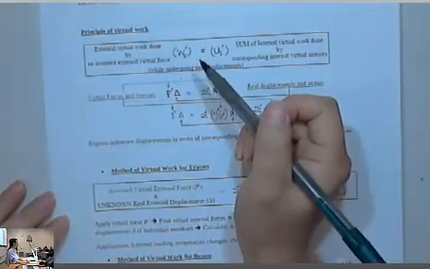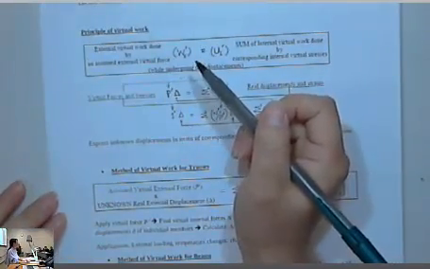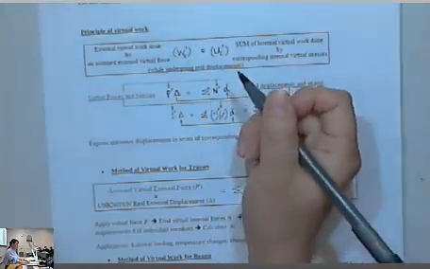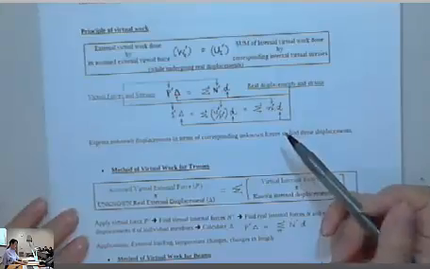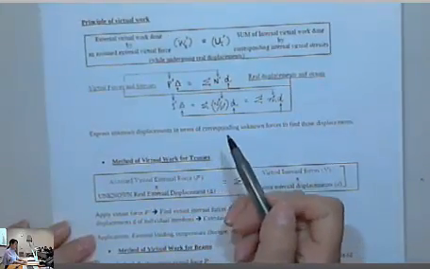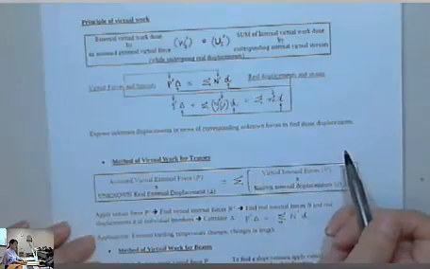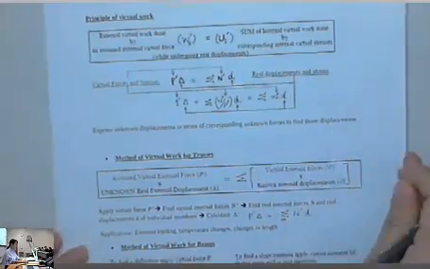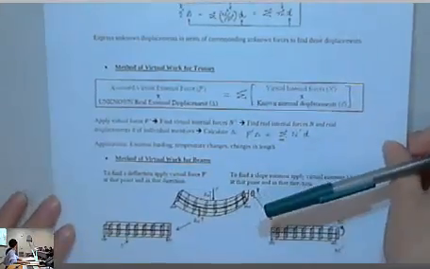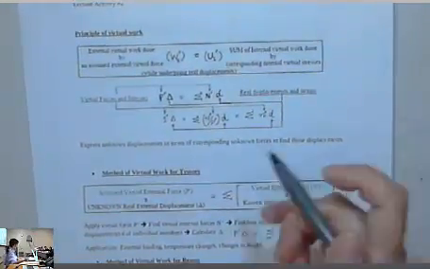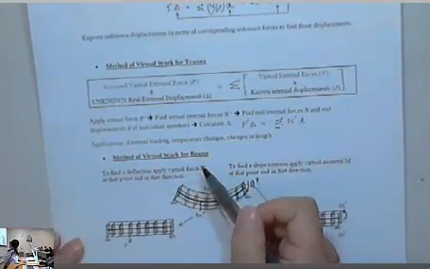So the principle of virtual work is a more general method comparing to the real work, real energy method, because using this method, you can express the unknown displacement at any point in terms of corresponding unknown forces to find out those displacements. And we have learned the method of virtual work to solve for truss problems and the beam problems.